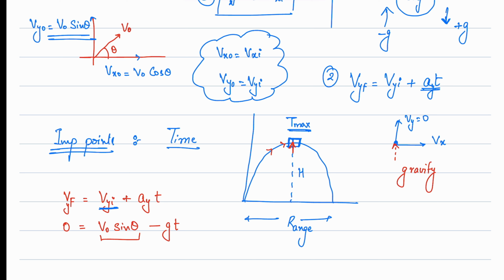So if you find T, it is equal to v naught sine of theta divided by g. This is for maximum height.